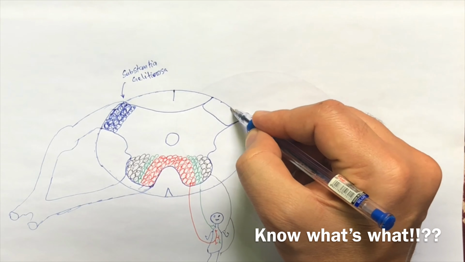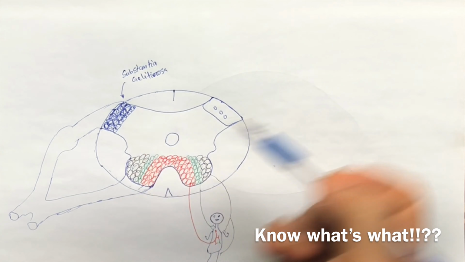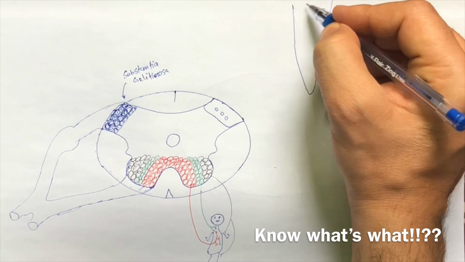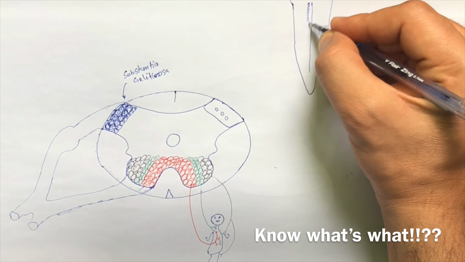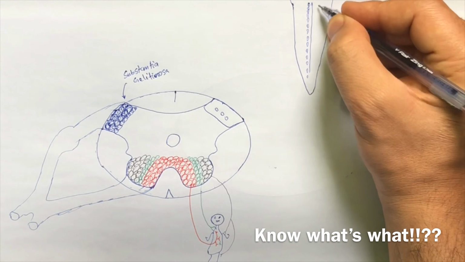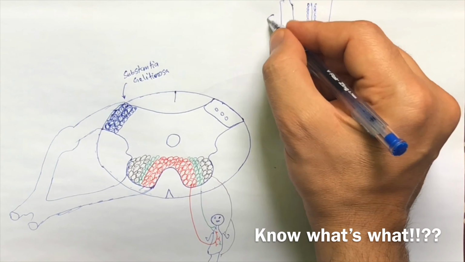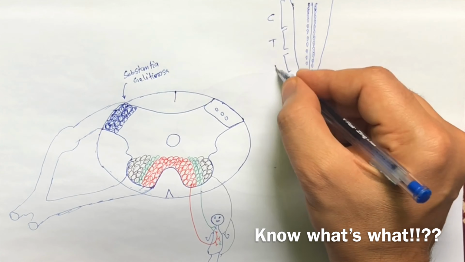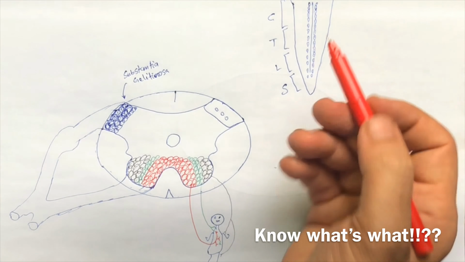And here we will draw another box just to denote the substantia gelatinosa. If we draw the spinal cord and show how many segments they extend, it will extend throughout the spinal cord. So here are the cervical, thoracic, lumbar, and sacral segments, okay?